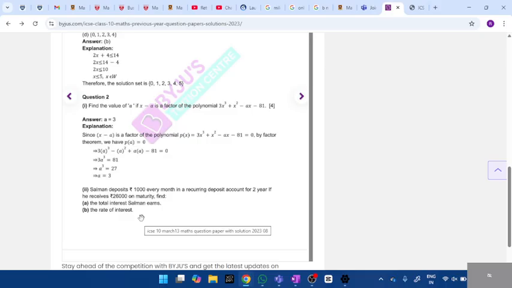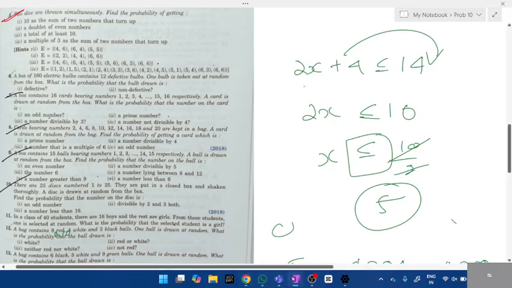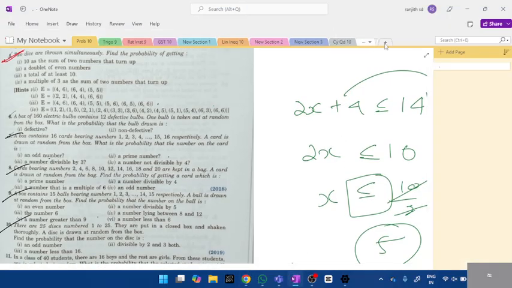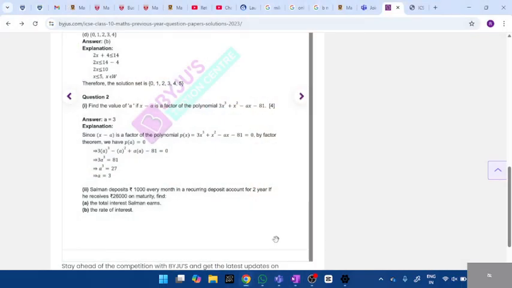So that will be lengthy. Thousand, 2 years, 26,000.